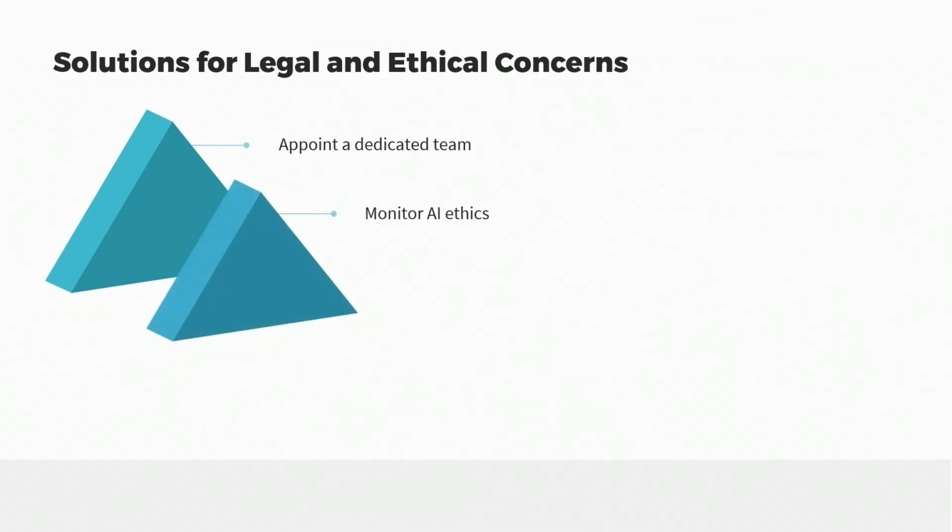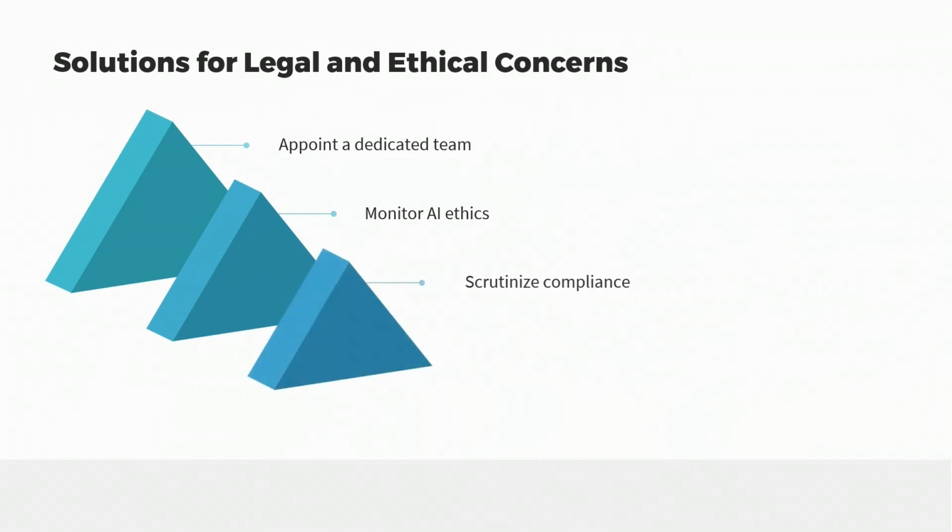And regularly monitoring and evaluating AI systems for ethical implications, biases, and unintended consequences can enable organizations to identify and mitigate those potential risks. Conducting thorough compliance assessments and audits of AI systems helps organizations to identify and rectify non-compliance issues, ensuring adherence to legal and regulatory requirements, and then mitigating legal risks.